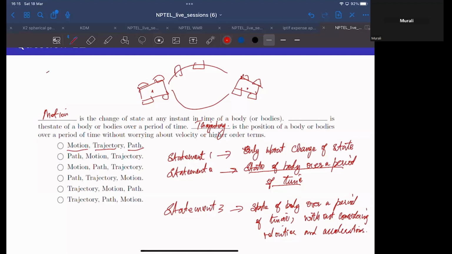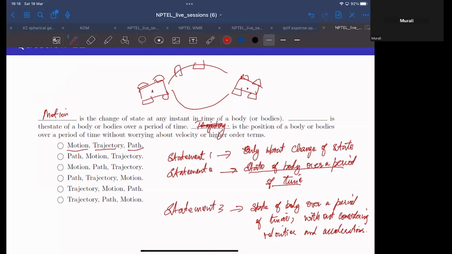In the case of a car parking problem, it would take desired stages of maneuvers for a car to reach from the starting point to the final point. Again, we are not really bothered about the velocity or acceleration at each and every instant of time. We are only bothered about the path the vehicle takes so that it can successfully park from the initial starting position to the final.